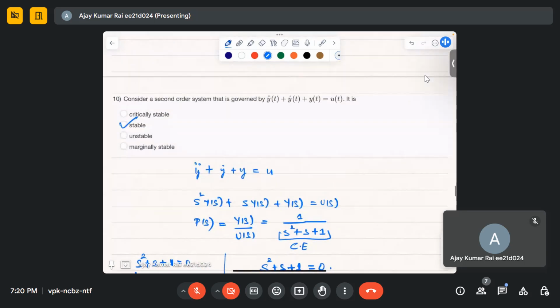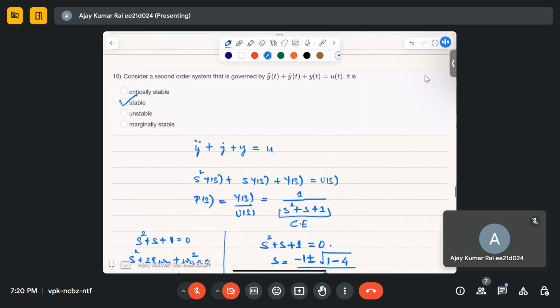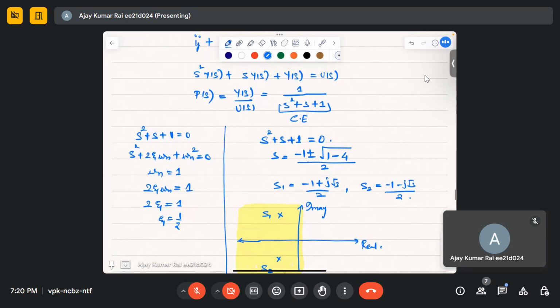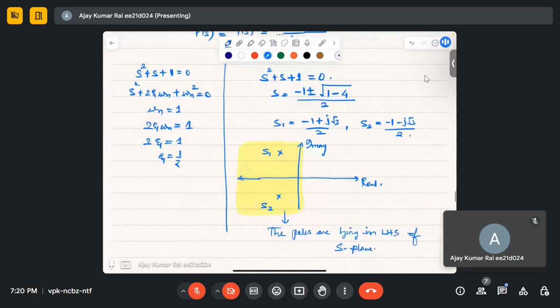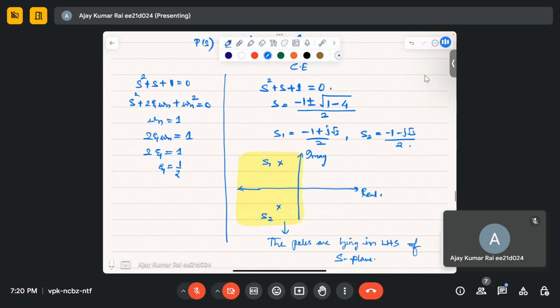It's just a second order system, but by finding the poles you know where their locations are. The poles are in the left hand side, though they also have an imaginary part, but they are not on the imaginary axis.